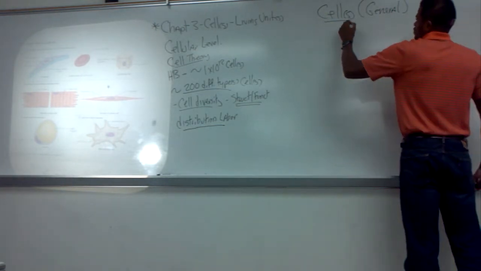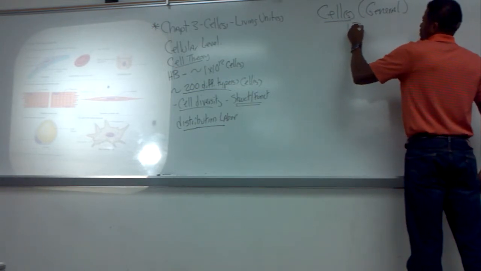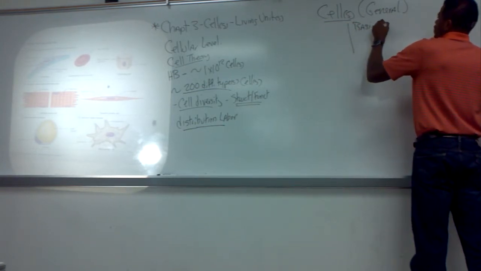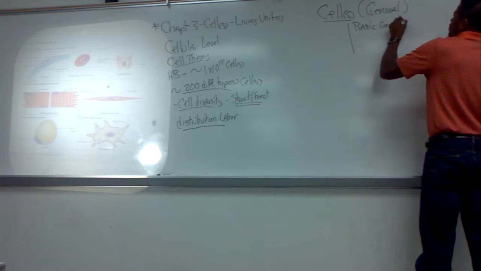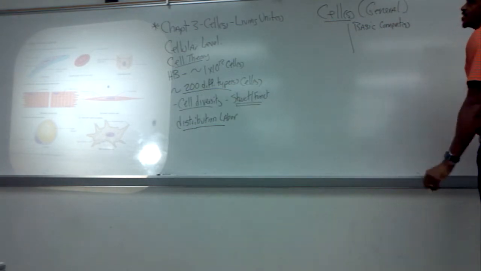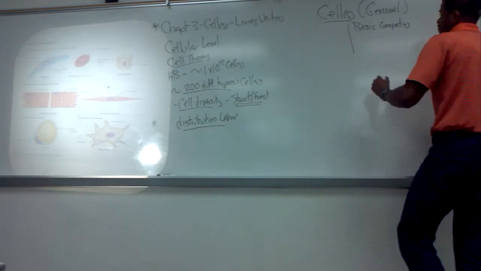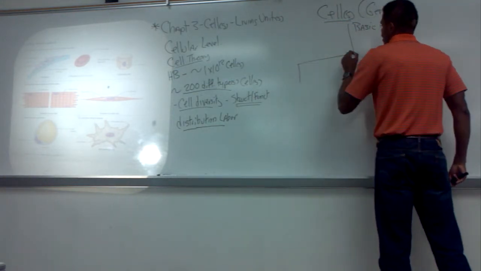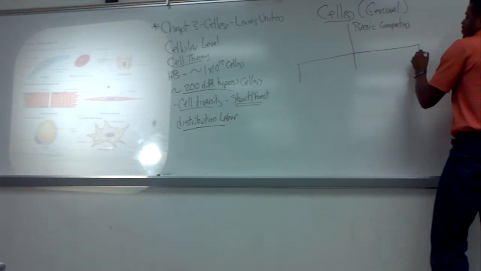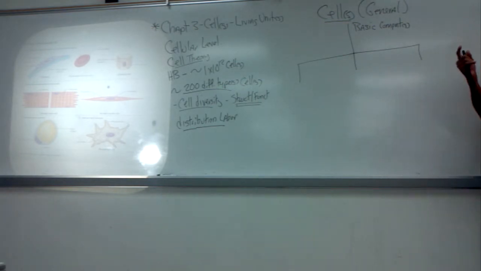So we look at the general or basic components associated with most of the cells of our body. Most cells, or most eukaryotic cells of the human body, will consist of major components. So we can highlight three major components associated with virtually most of the cells in our body.